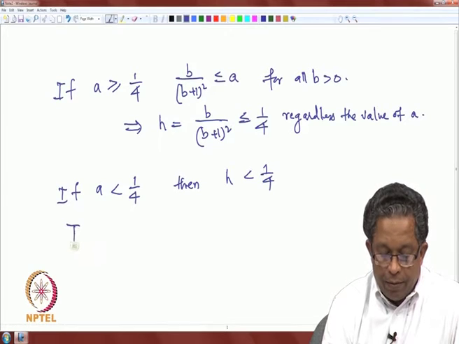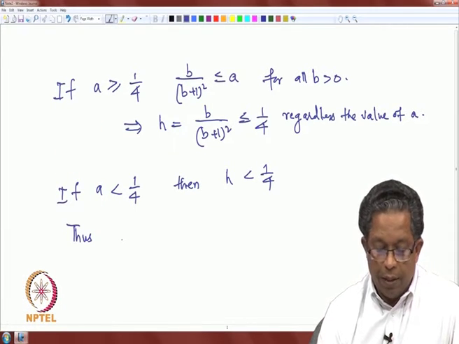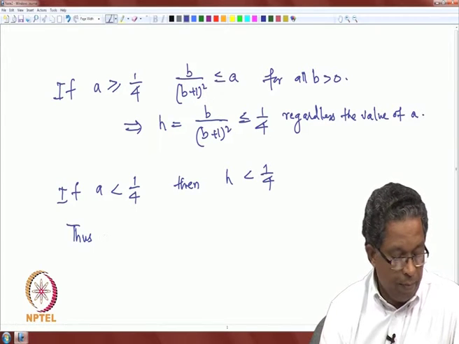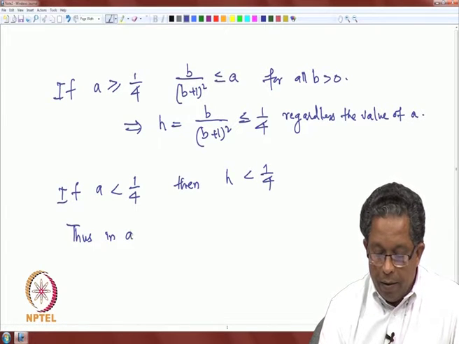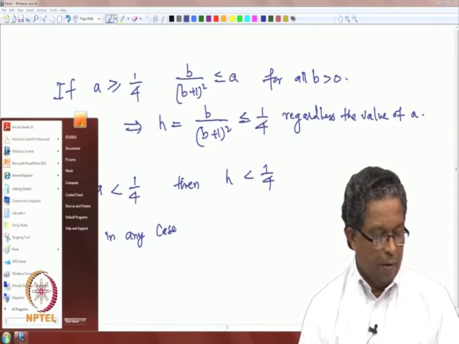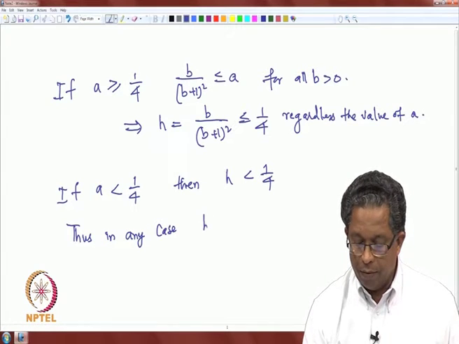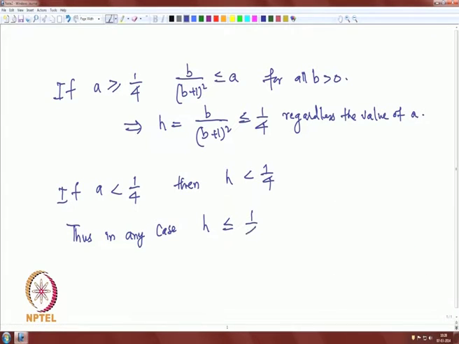Thus, in any case, whether a is greater than 1 by 4 or a is less than 1 by 4, the value of h we obtained is 1 by 4. Okay.